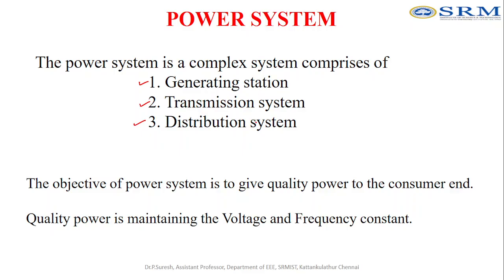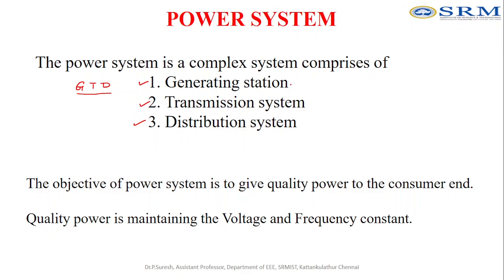So there are three systems: generating system, transmission system, and distribution system. Comprising all the three systems, it is called a power system. Simply we can call it generation G, transmission T, and distribution D. So GTD. Using generation, transmission, distribution, we can generate power and we can use the power.